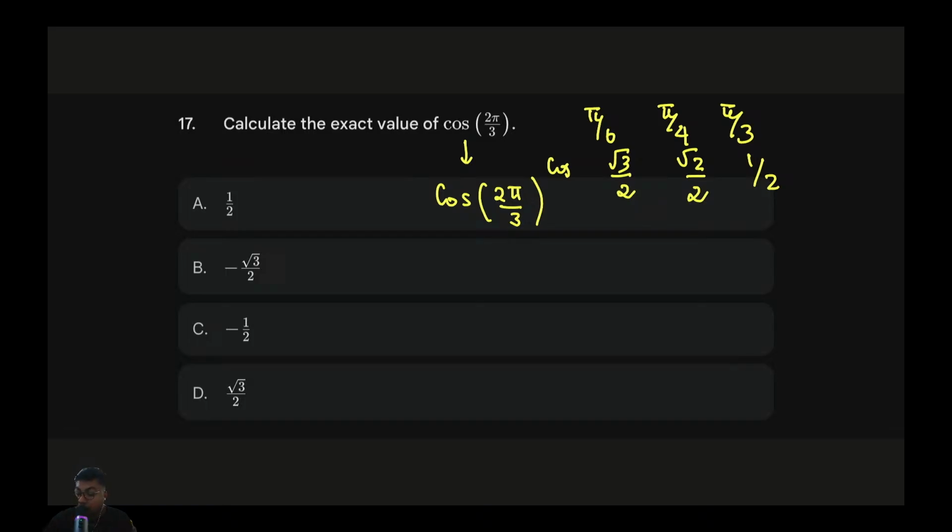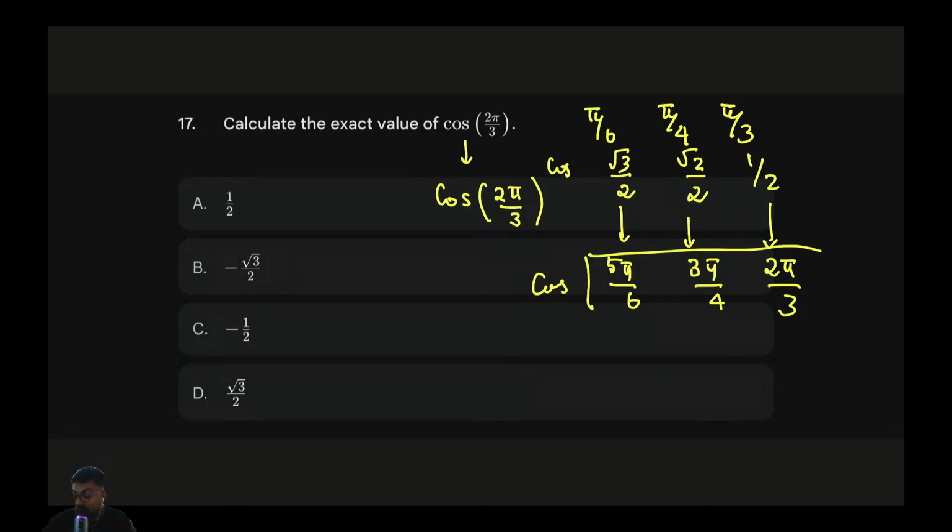Let me tell you the alternative. The alternative of pi over 6 in the second quadrant is 5 pi over 6. The alternative of pi over 4 is 3 pi over 4. The alternative of pi over 3 is 2 pi over 3. And the cos for all of these is still root 3 over 2, root 2 over 2, and 1/2. Same. But what is different is the sign.